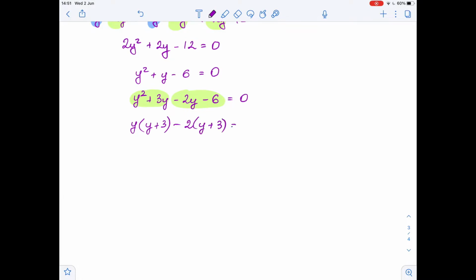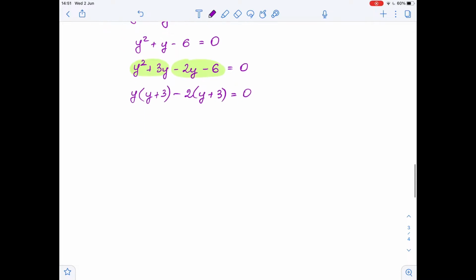This whole thing is equal to 0. Now we see that we can combine it as (y - 2)(y + 3) is equal to 0. From this equation we get two solutions. First of all, y can be equal to 2, and second of all, y can be equal to -3.